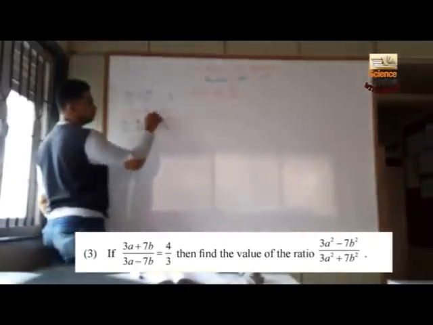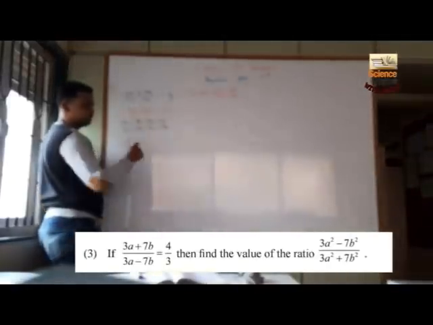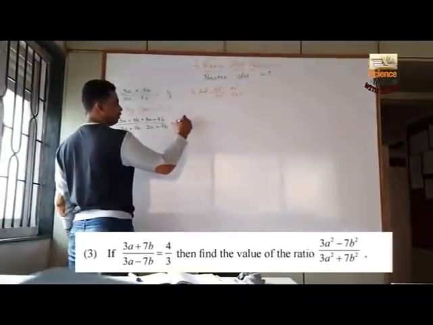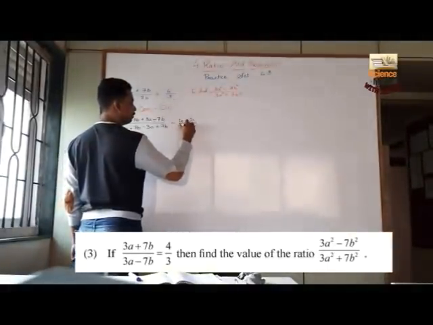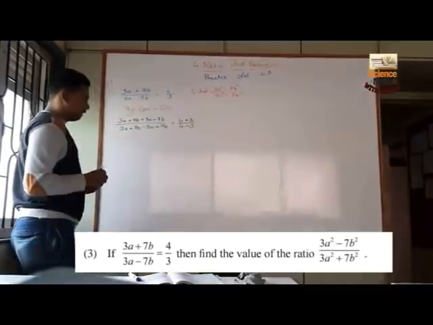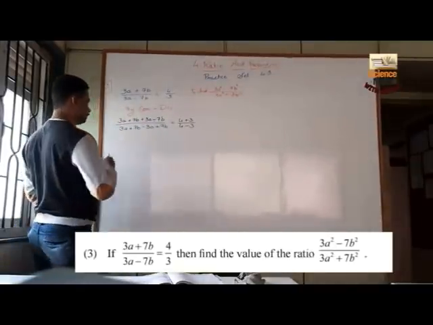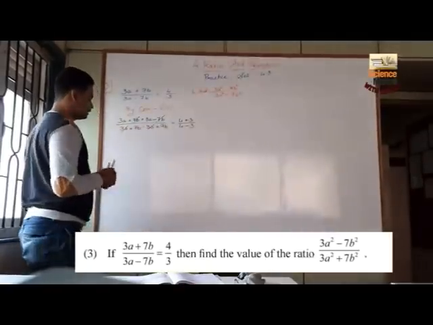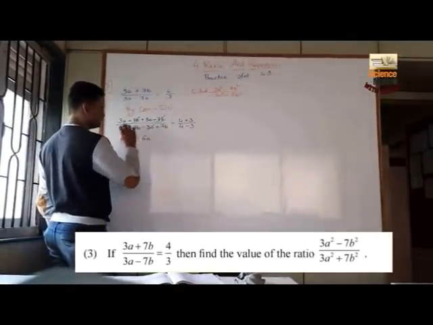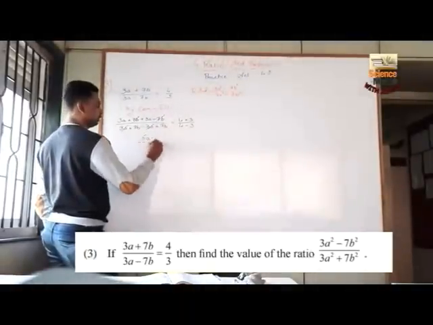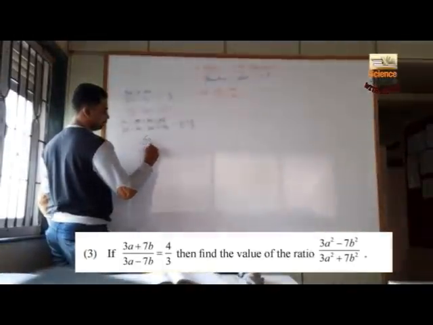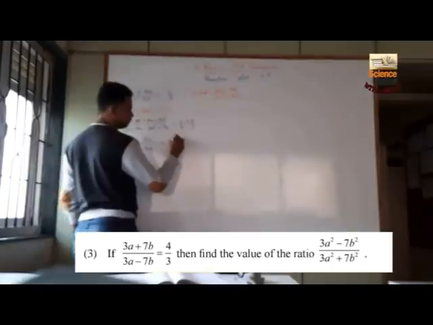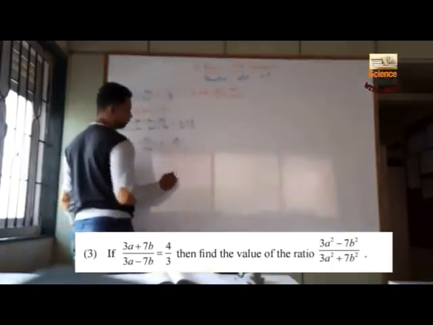Minus sign gets converted to plus because dividendo has subtraction in between them, and (4 plus 3) divided by (4 minus 3). The 7b and 7b will get cancelled, 3a and 3a will get cancelled. Now I have 6a, that is 3a plus 3a, 6a upon 14b is equal to 7 upon 1.